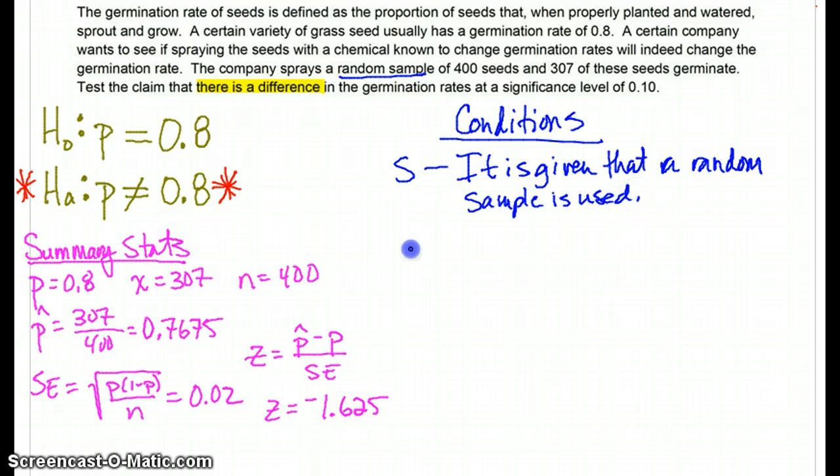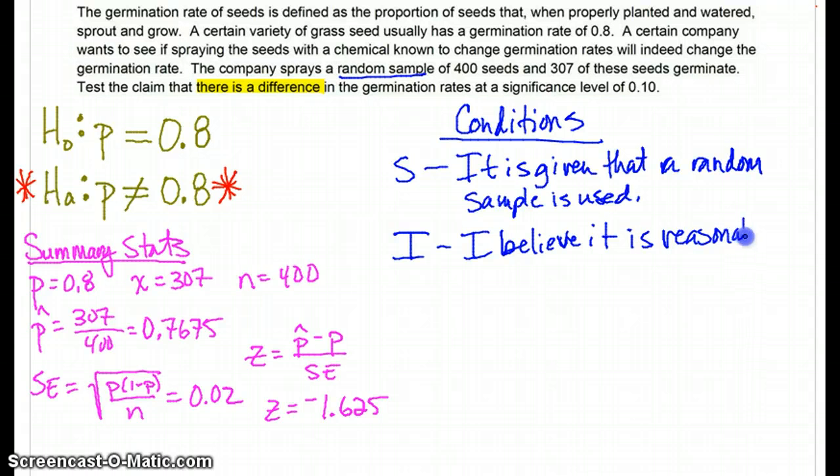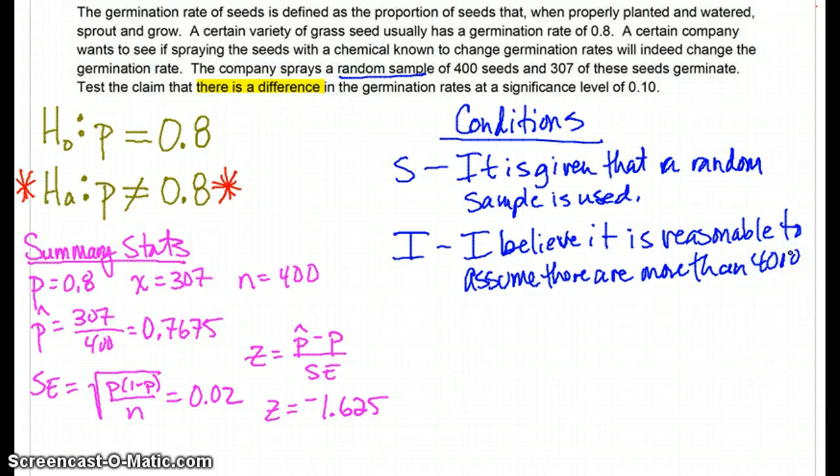For independence, it is reasonable to assume there are more than 4,000 seeds produced by the company.